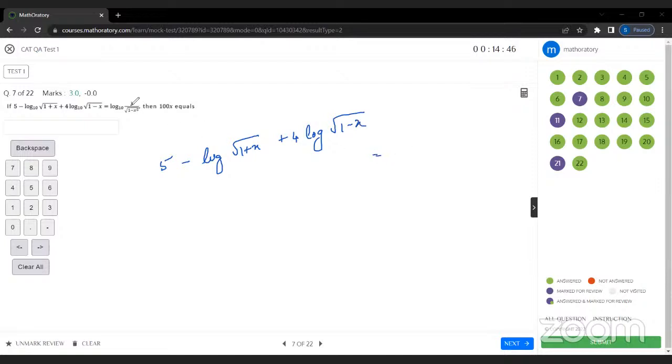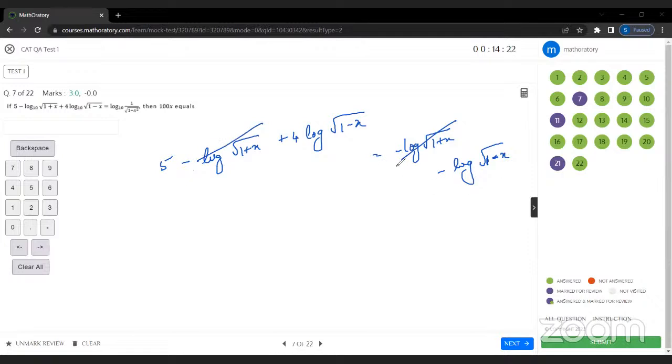Okay, so this will be minus of this, and then breaking it, so minus log (1 plus x) minus log (1 minus x). Hope this is visible properly. This cancels, okay great.